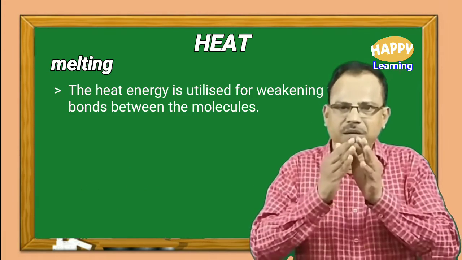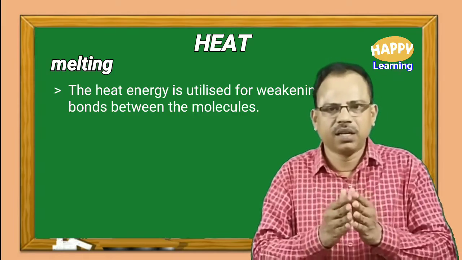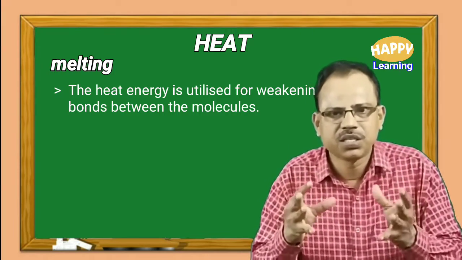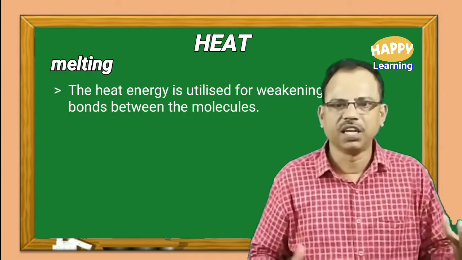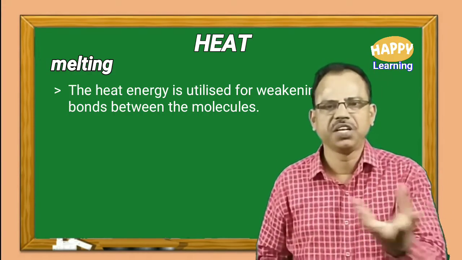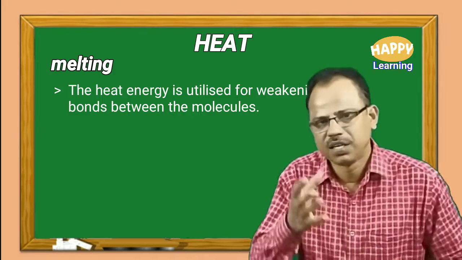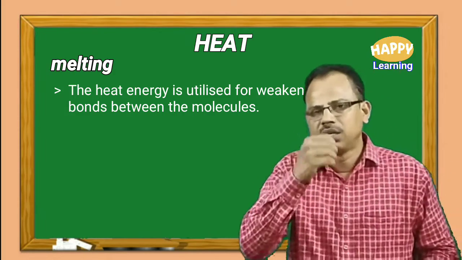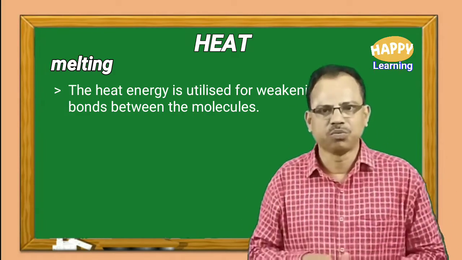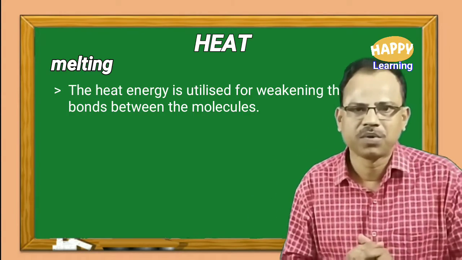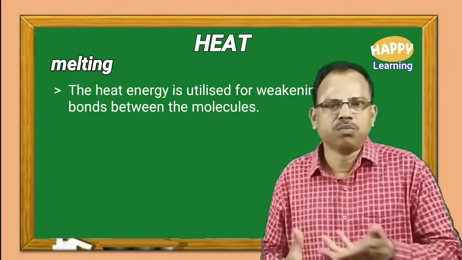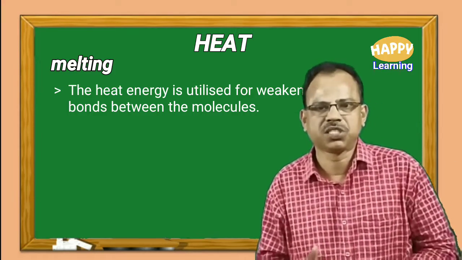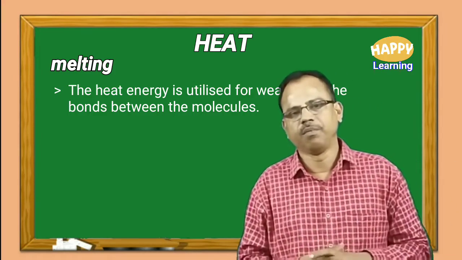After weakening, the bonds break and the solid form now becomes a liquid form. Now in the liquid, the molecules are free to move. In the solid, the molecules are like the students sitting in the classroom, whereas in liquid form, the molecules are comparable to the students moving in the premises of school during break.